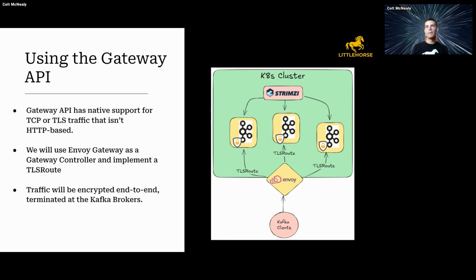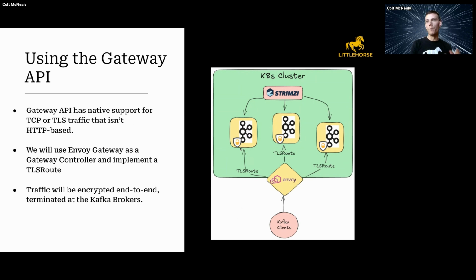But the Gateway API has many resources that are, for example, HTTP route, TCP route, TLS route, gRPC route that understand different protocols. So for accessing Kafka, what we use at LittleHorse is Envoy Gateway as the implementation of the Gateway API, and we use TLS routes, which is basically pass-through encryption. So we have end-to-end encrypted traffic from the Kafka clients to the Kafka brokers.